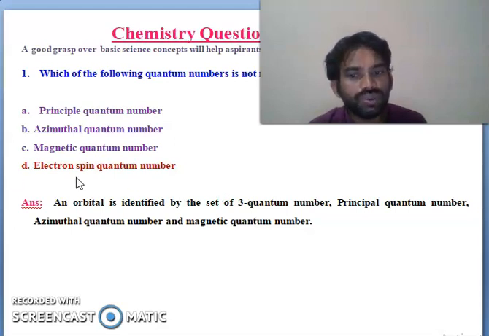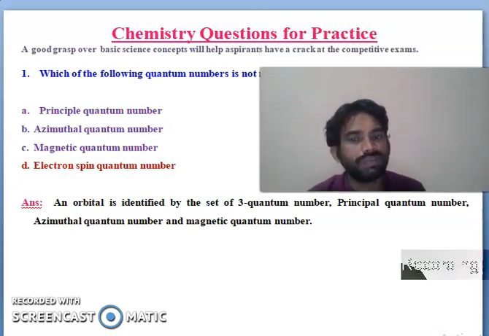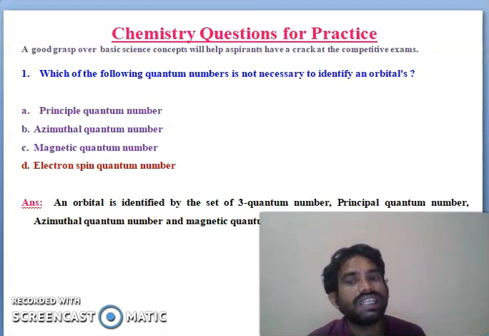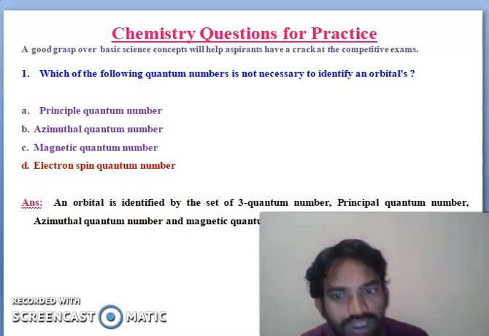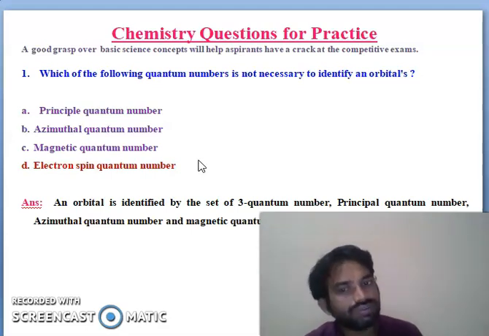But there is no use of the electron spin quantum number. So D is the right answer. D is not necessary to identify the orbitals. Principal, azimuthal and magnetic quantum numbers are enough to identify the orbital, so there is no need for the electron spin quantum number.